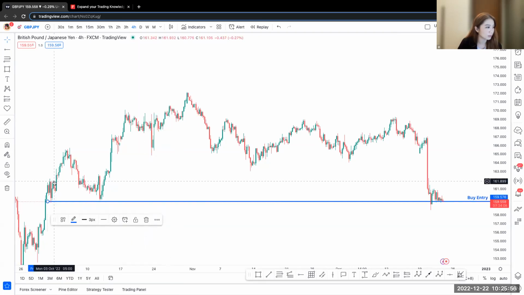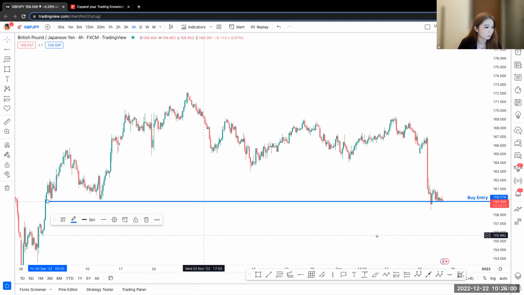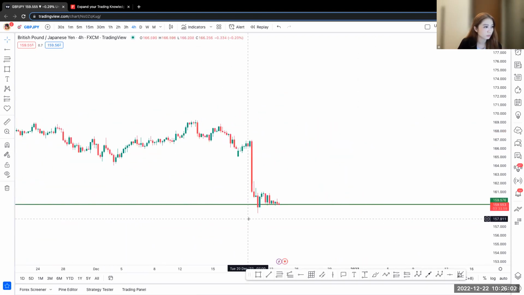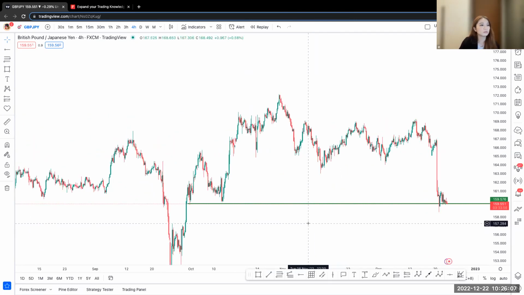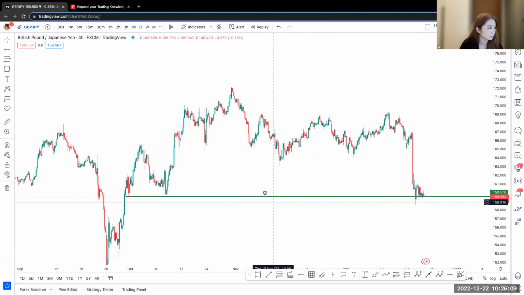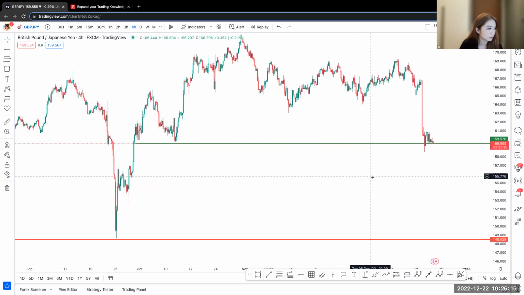We are looking at support here. 159 to 148, another 10 points.